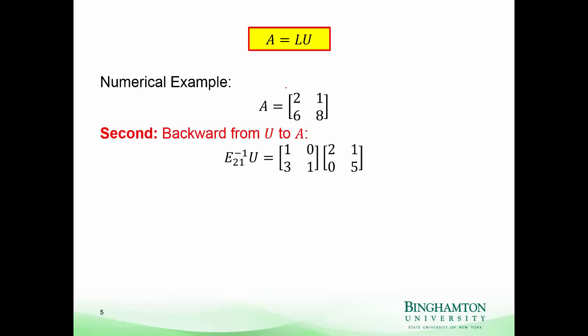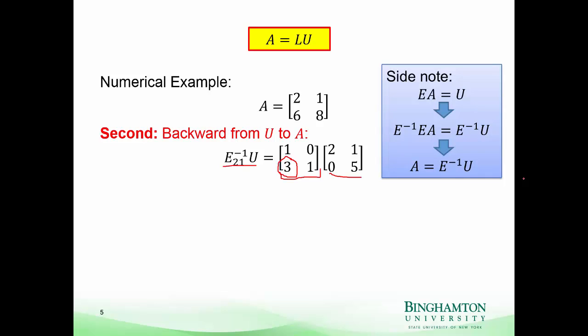So here's our U that we just found. That was the upper triangular result from doing elimination. And you can verify that this is indeed the inverse of that. But notice all I did was take the -3 and turn it into a +3.